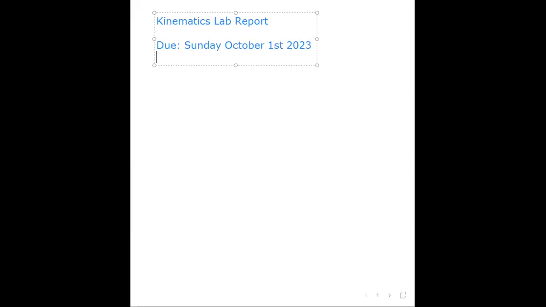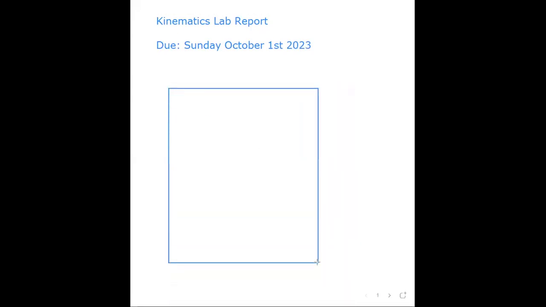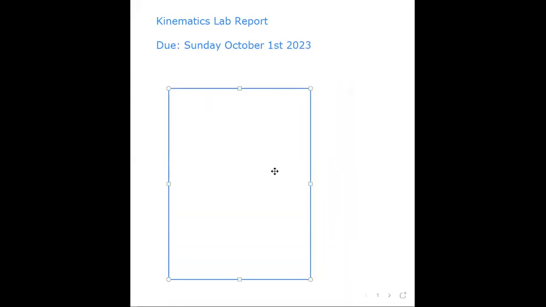Okay, so this is what I'm expecting your paper to look like when you hand it in. It should just be one Word document. So let's just set out the requirements now.